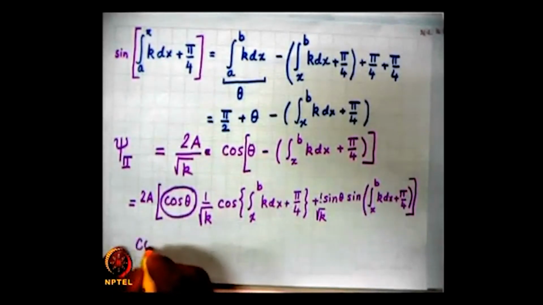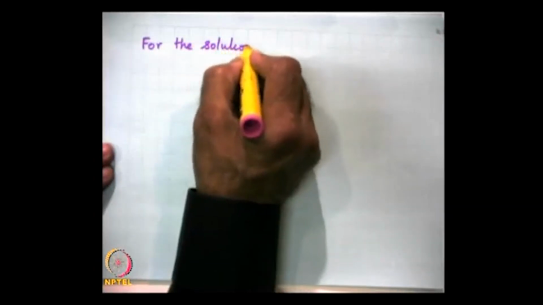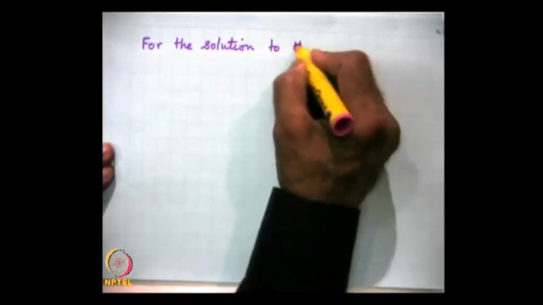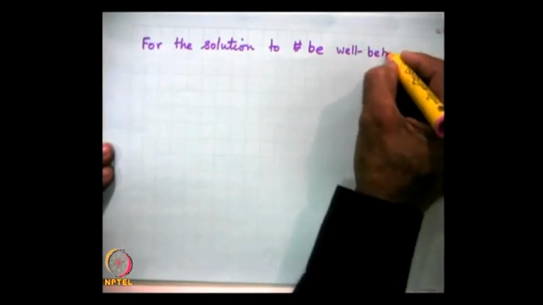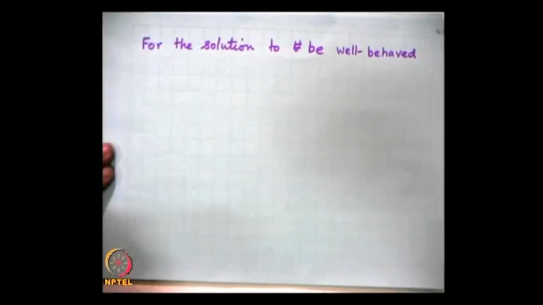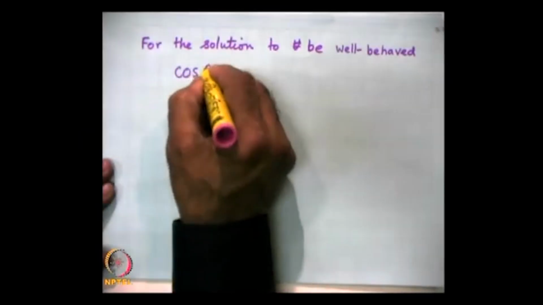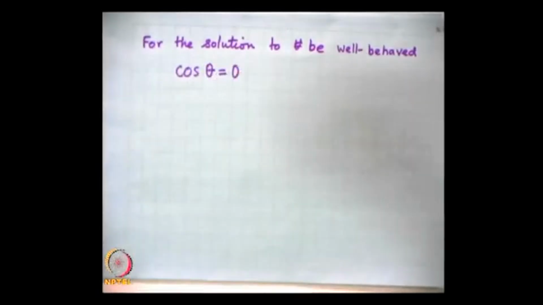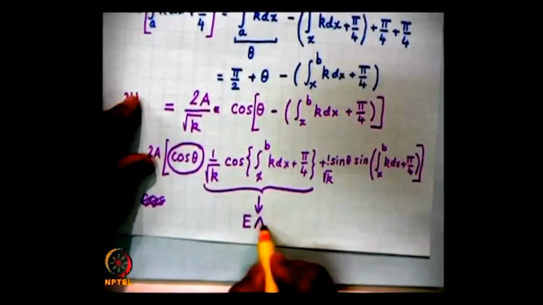So, therefore, this term must be 0. So, we must have cos theta. So, let me write it down, that for the solution to be exponentially well behaved, that is, it should not go to infinity, the coefficient of the exponentially amplifying term must be 0, and therefore, cos theta must be 0, because it is this term which goes over to an exponentially amplifying solution.